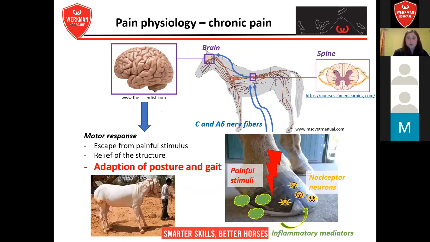So in these horses, you can't expect a proper normal swing phase, because the whole mechanism between pain and locomotor system is disturbed. So they try to escape from the painful feeling the whole time, and they adapt their posture and their gait. And if you then try to change something with your shoeing, for example, you cannot win, because the pain is always stronger.